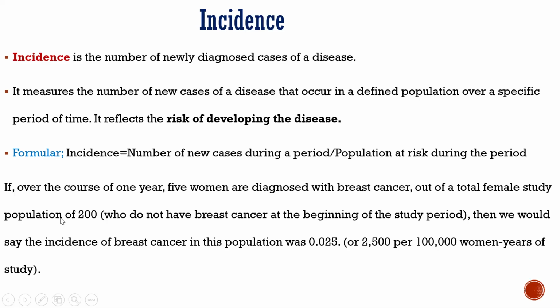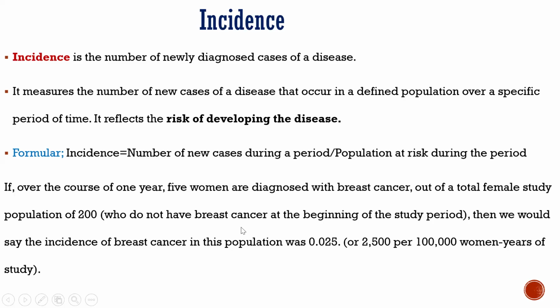Then if you want to calculate the incidence for this breast cancer, they tell us that 5 people were diagnosed, that we have new cases of breast cancer in this study period. So it's 5 over 200, which is the study population, the defined population when we are carrying out this incidence research.